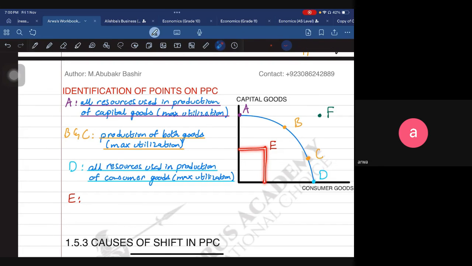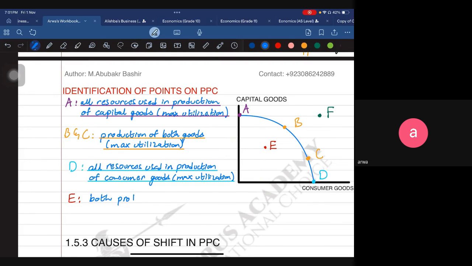Yes. You look at this. Let's suppose if this is three and this is six, so they are producing both the goods. Both are produced, but there is lack of production. They're not producing at the maximum. Exactly.